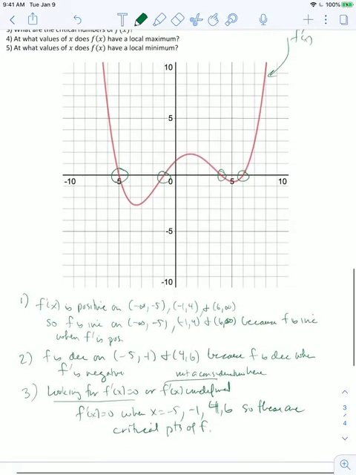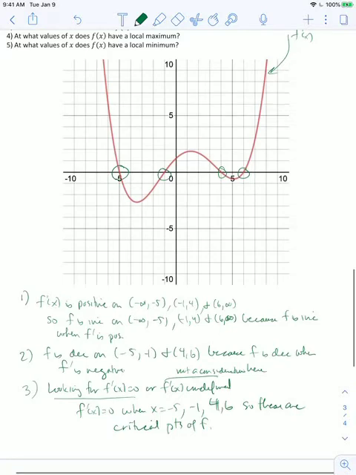Our fourth question is, at what values of x does f have a local maximum? Now we're not asking about where the graph that we're looking at has a local maximum. We're asking where the function that we're not seeing has a local maximum. And so we want to remember that a local maximum from the first derivative test occurs when the derivative goes from positive to negative.